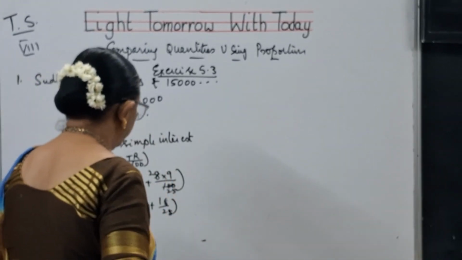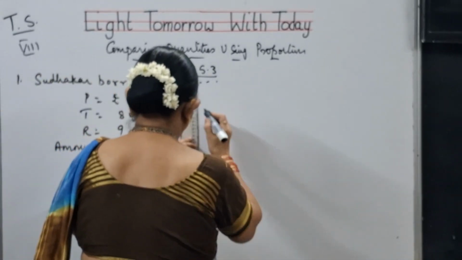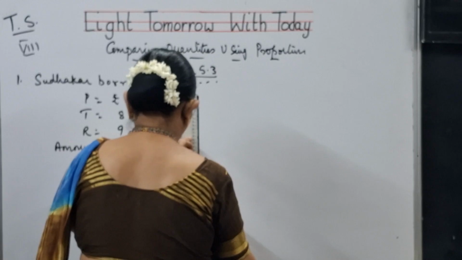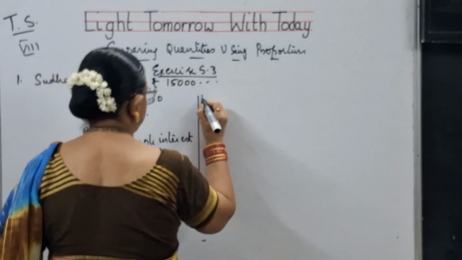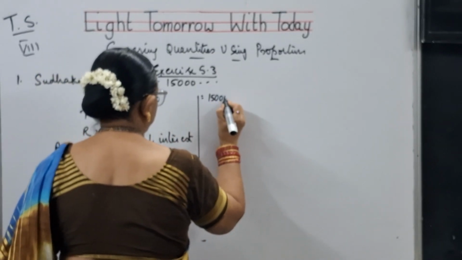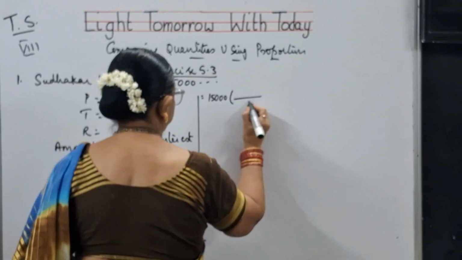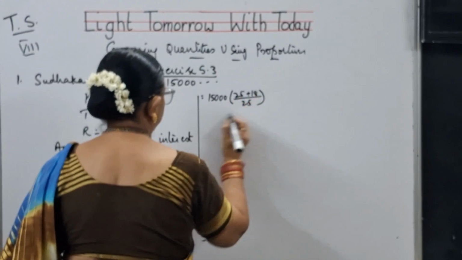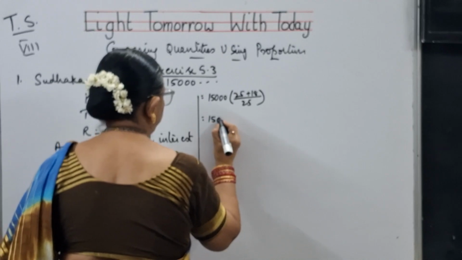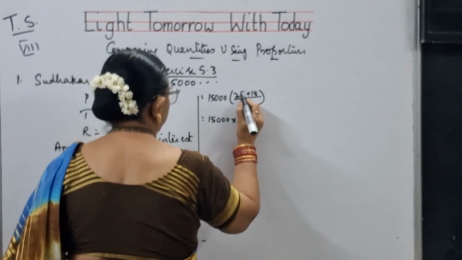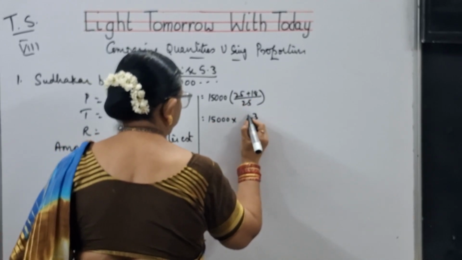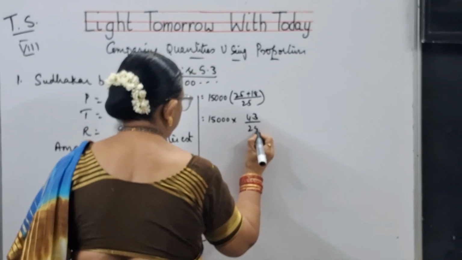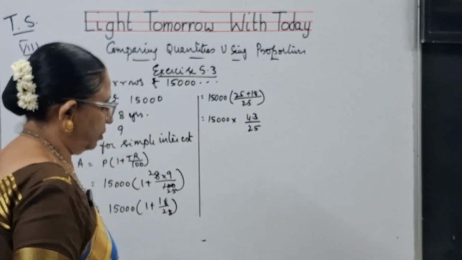So let us continue. This is equal to 15,000 into, LCM is 25, (25 plus 18) by 25. That is 15,000 into 43 by 25 you are getting.